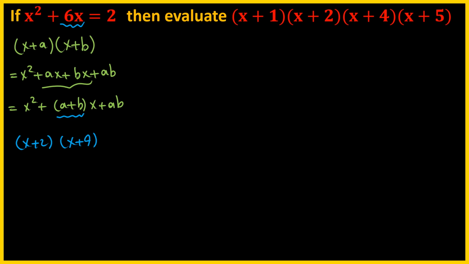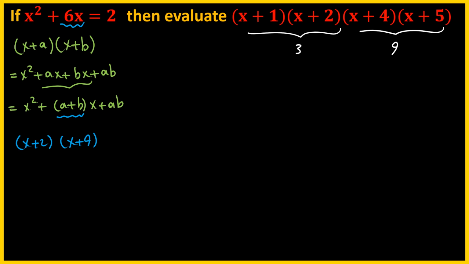But as we did, if we multiply these two out and these two out, based on this point, the coefficient of x is going to be 3 here, and the coefficient of x is going to be 9 here, because 2 plus 1 is 3 and 4 plus 5 is 9. But I don't want that. I want to have 6 as the coefficient of x.